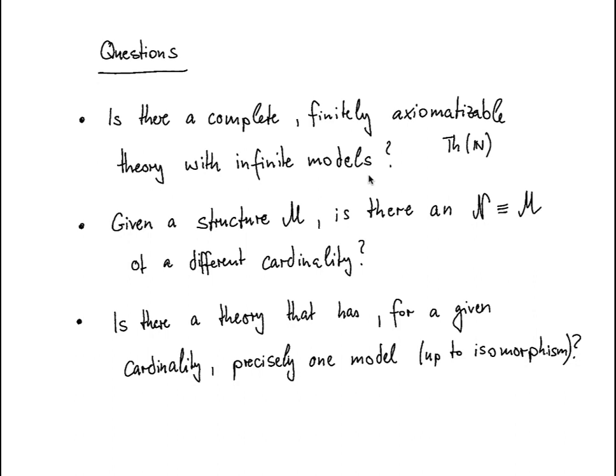The answer turns out to be no. But we could ask, are there other theories where we can just take a finite number of axioms and we get a complete theory? And this will indeed be the case, and we will see an important example of a theory is that of dense linear orders.